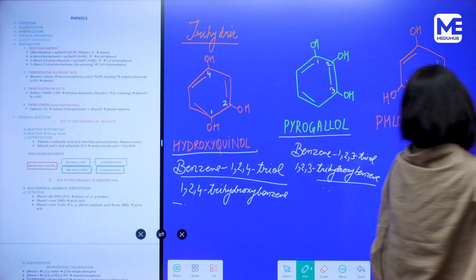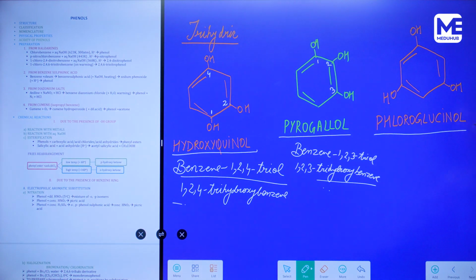In the third example here, this is phloroglucinol. Here, this is a symmetric trihydric phenol molecule. Here, OH is at carbon 1, 3 and 5.